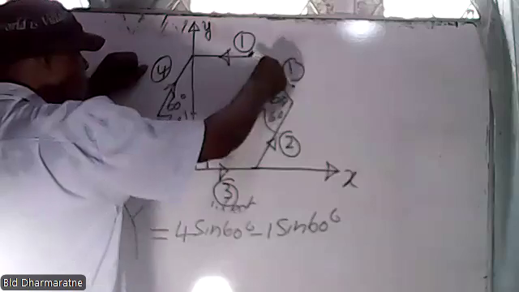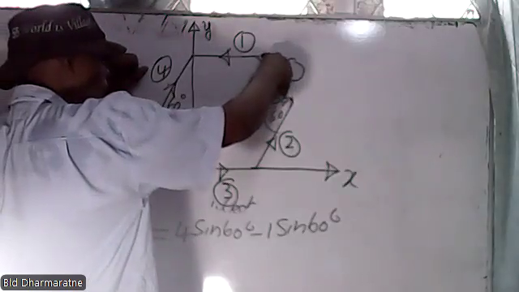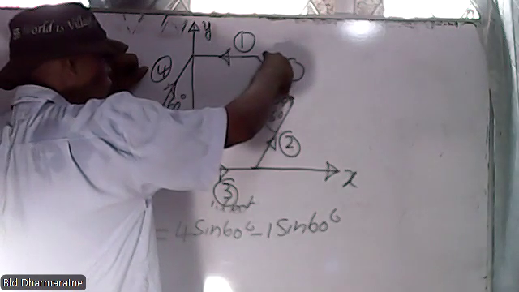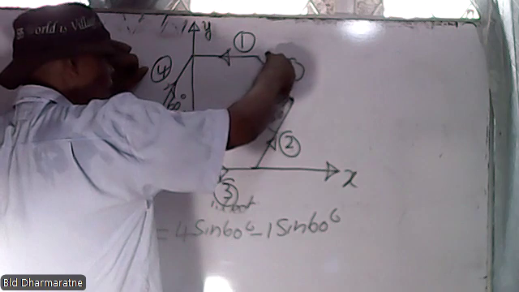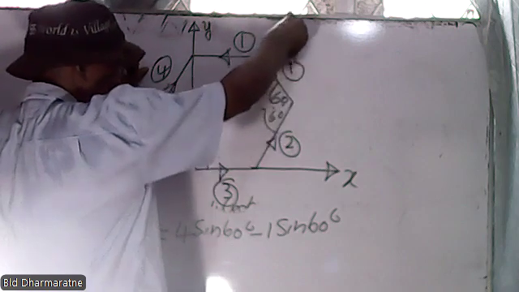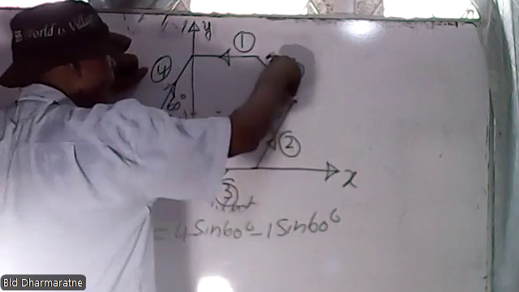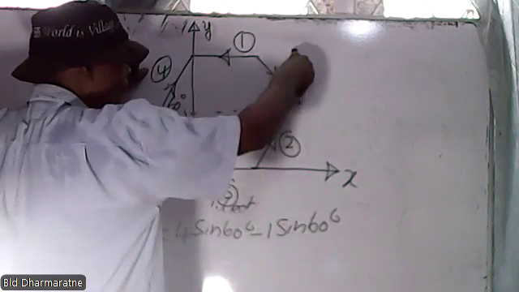This one is also downward, vertical, in this direction: 1 sin 60, downward.